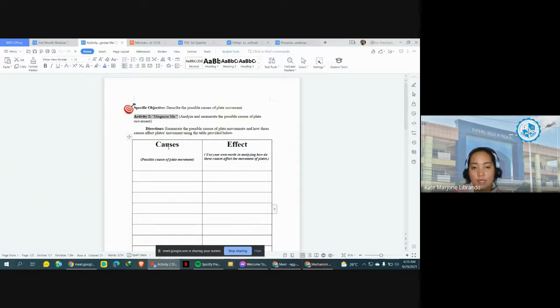So in this causes, you may write slab pull, ridge push, mantle convection. It's up to you. You may write all of them, like the ones we have discussed in the driving forces and the resisting forces, and you may include the mantle convection and the seafloor spreading, and you will write down the effect.